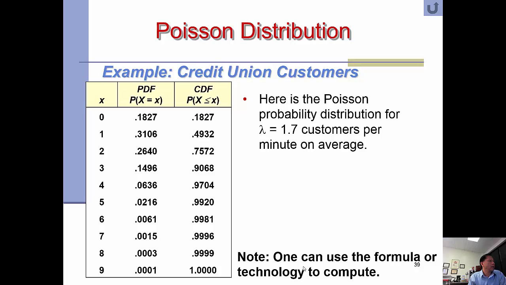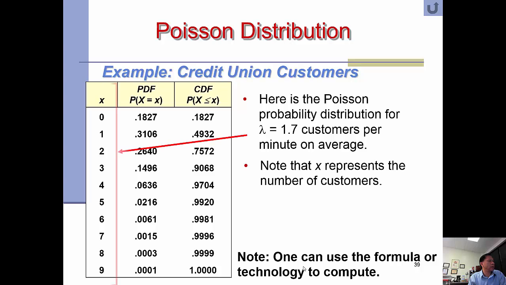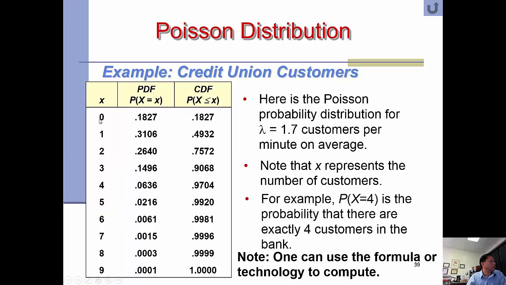Okay? Now here is the Poisson probability distribution for lambda 1.7 customers on average, and note that this is the number of customers. This is the probability for each of them according to the equation we just looked at. And this is the probability of no customers, one customer 1.31, two customers 2.26, etc. And this is the CDF. The first one is the same. The second one, 4.94932, equals this one plus this one.